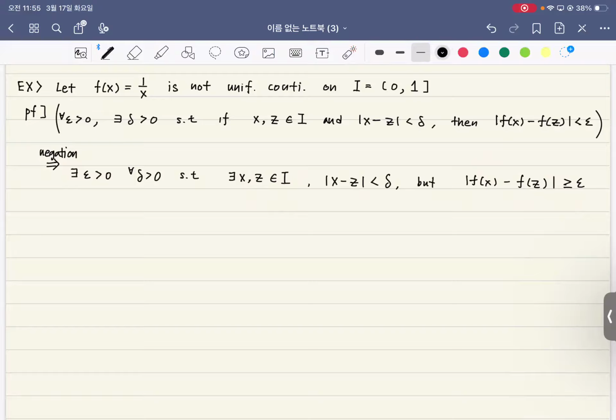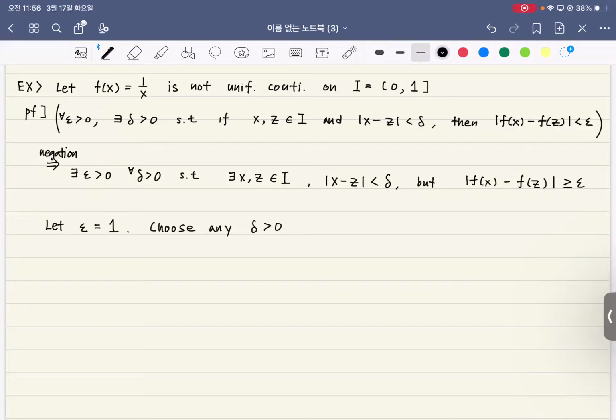Okay, so let me try to find such a bad epsilon. In this case, I will set epsilon equal to 1 as the bad epsilon that we're looking for. Then we choose any positive delta.